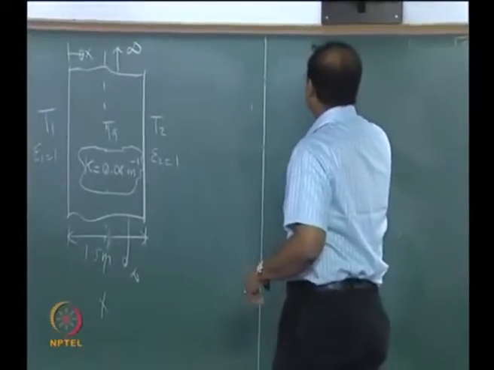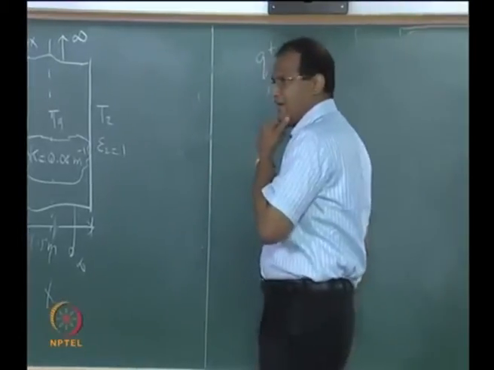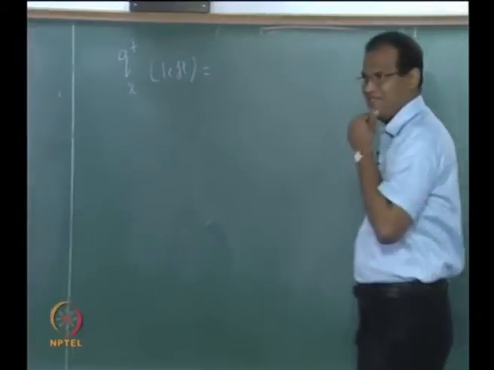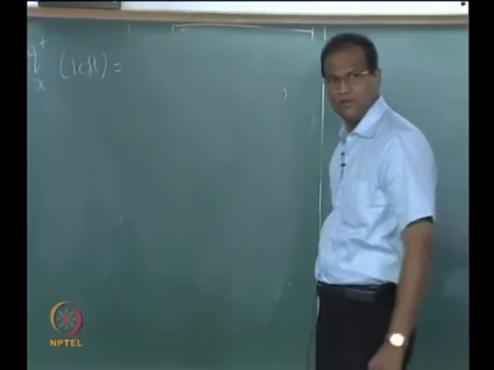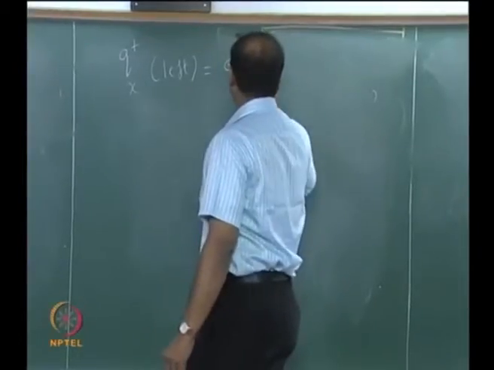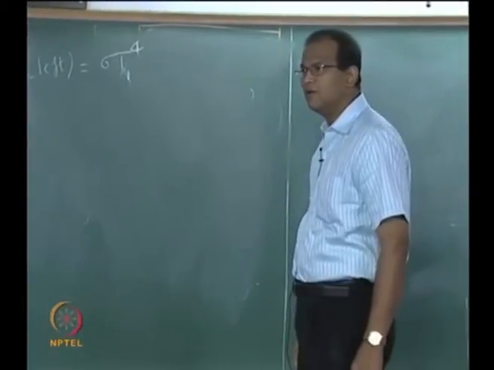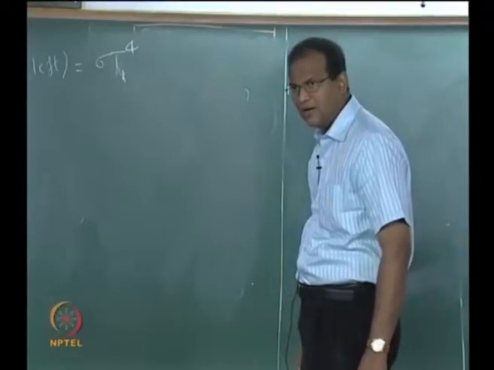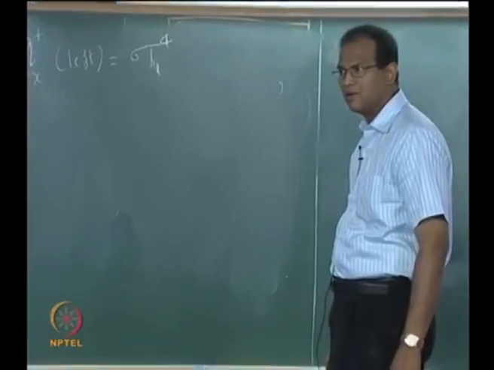Now I will say q plus at x coming from left side, correct. What is the expression for this? Sigma T1 to the power of 4 into 2 E3, plus sigma T1 to the power of 4, 2 E3 of tau of x.